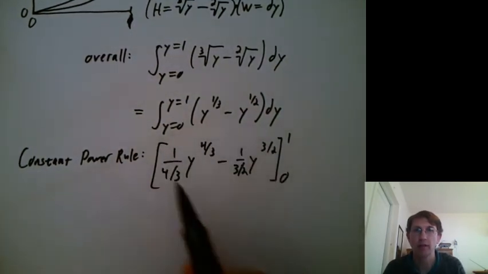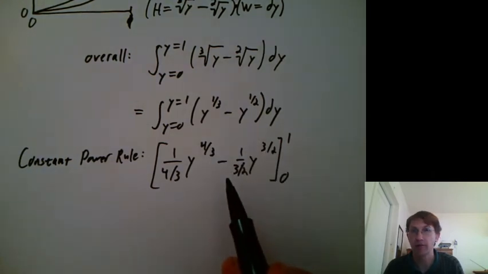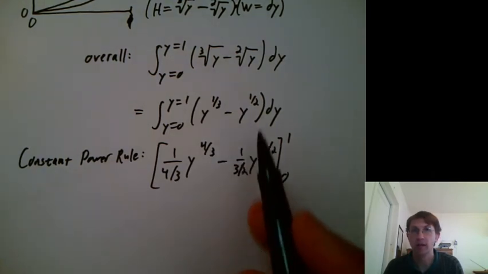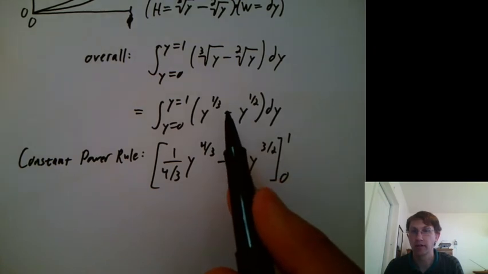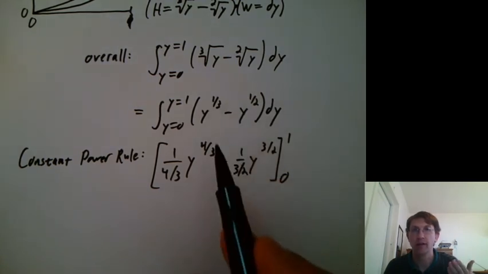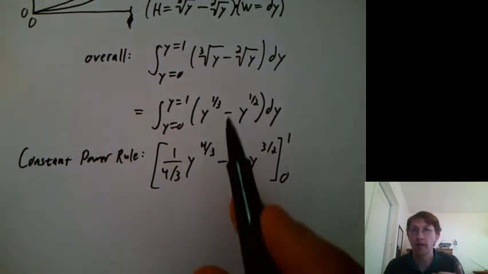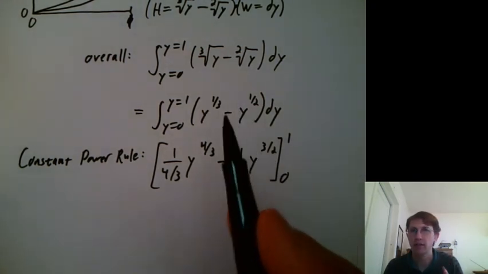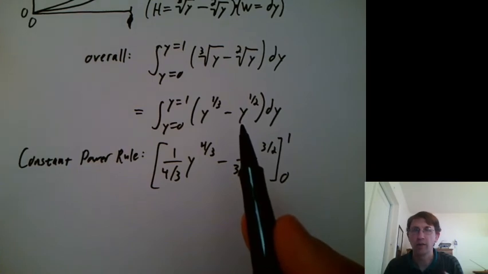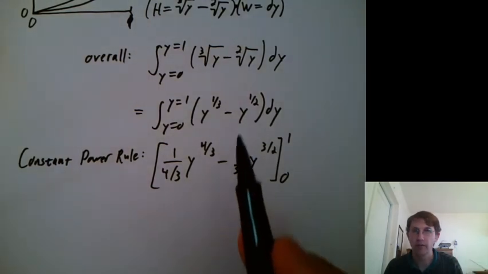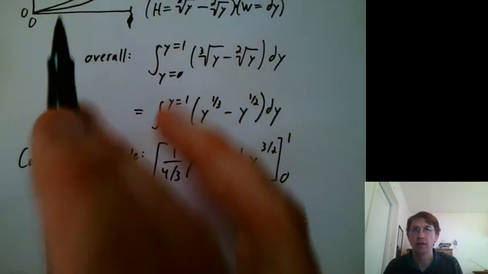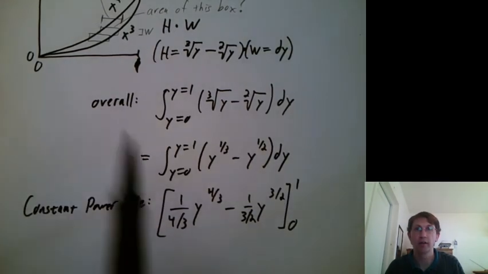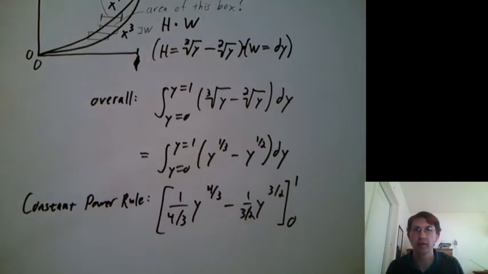You could type this all in Desmos as capital F of y, and then type this in as lowercase f of y, and then say capital F prime, and hopefully that would overlap that curve. We aren't really interested in the exact shape of these curves like we were in chapter 5. We're more interested in the original drawing here, so I'm not going to emphasize plotting those curves.